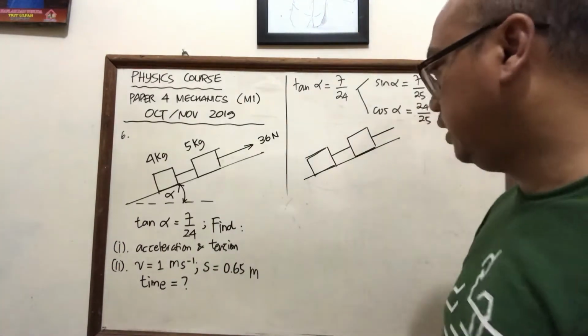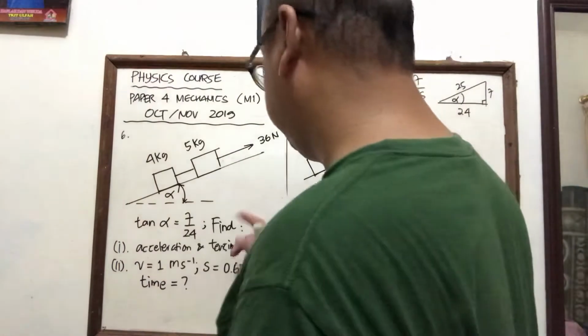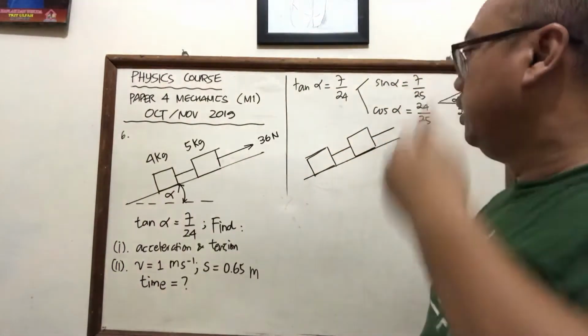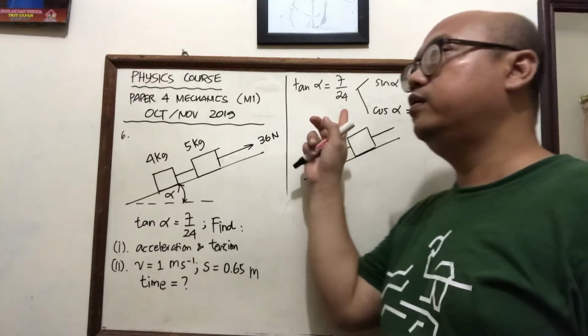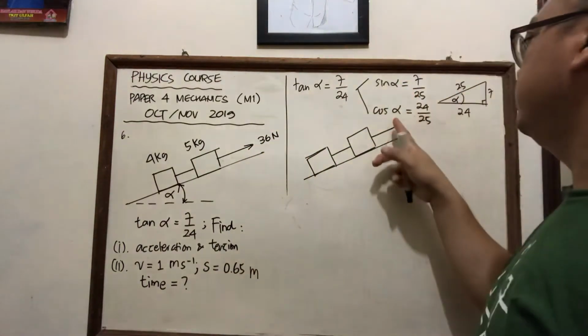Directly we go to solve this problem. When we know tangent alpha is 7/24, we get sine and cos alpha.